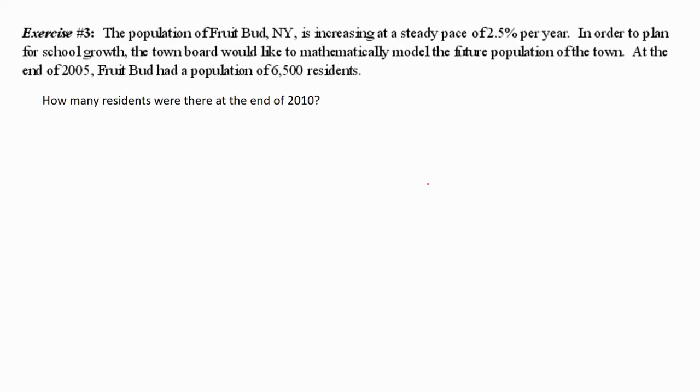Example 3, the population of a town is increasing at 2.5%. So divide that by 100 and you get 0.025. That's going to be R. Okay, and then we want to figure out, at the end of 2005, we're told the present value of residents is 6,500. How many were there at the end of 2010?